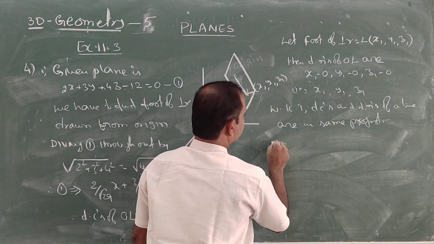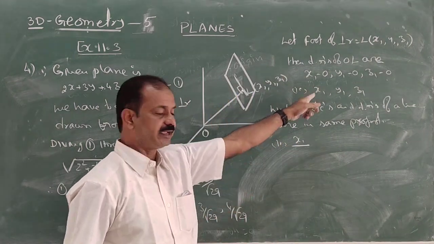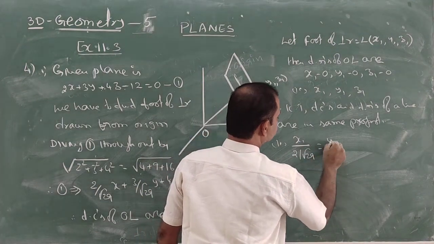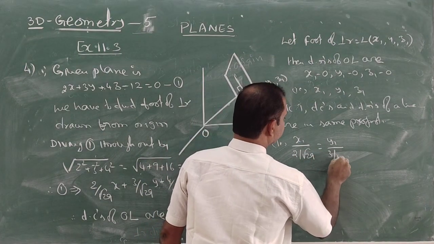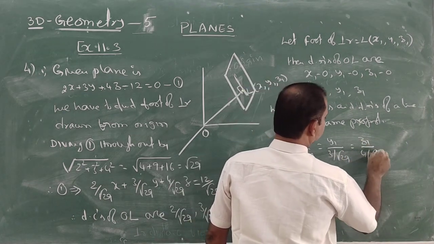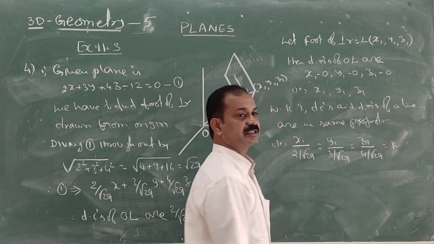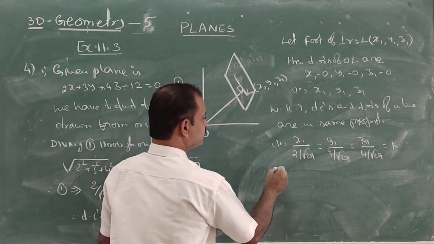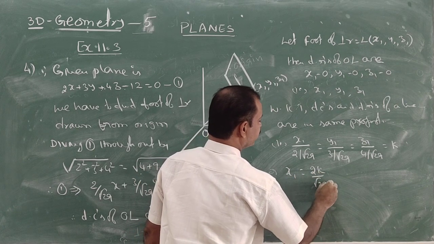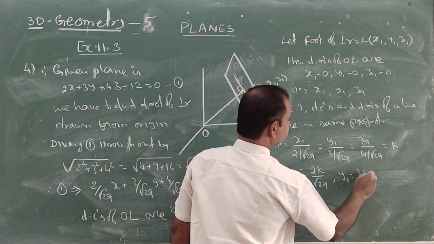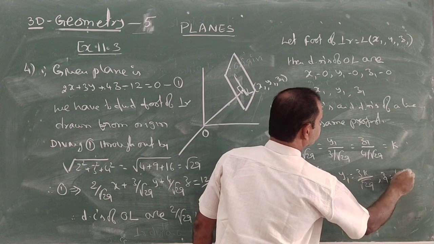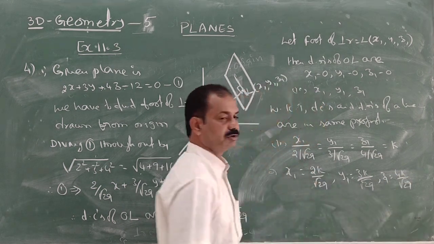That is x1 by 2 by root 29 is equal to y1 by 3 by root 29 is equal to z1 by 4 by root 29. Let us assume that is equal to k, which implies x1 is equal to 2k by root 29, y1 is equal to 3k by root 29, z1 is equal to 4k by root 29.